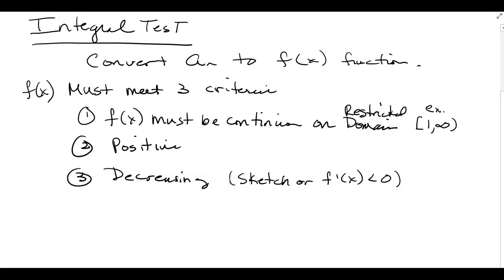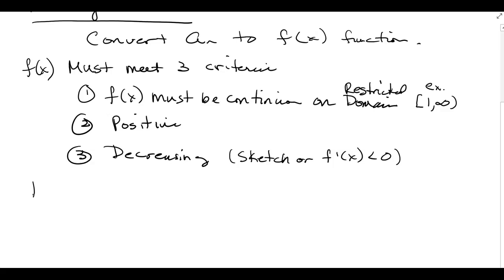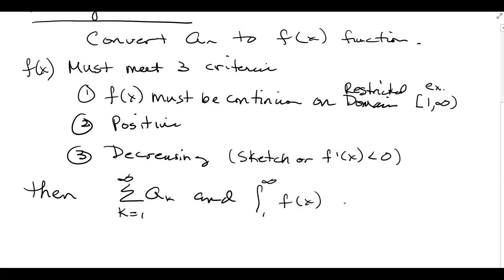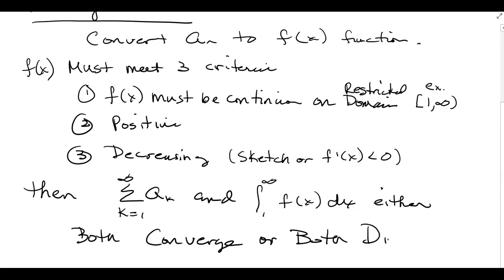Okay, so here's the deal. If all this criteria is met, then our original infinite series, I'll call it the sum from k equals 1 to infinity of a sub k, and our newly formed function that we form from the series, either both converge or both diverge.